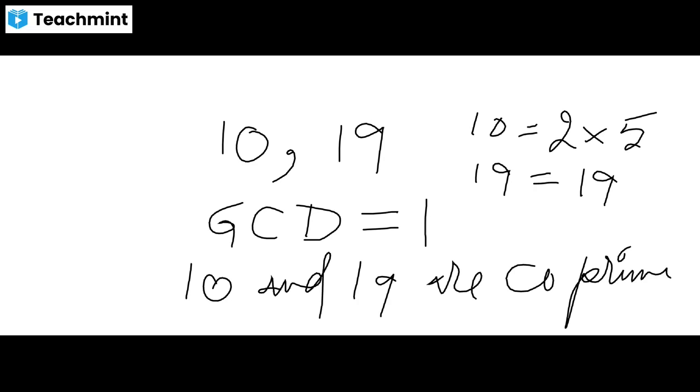How do you know? Why do we call 10 and 19 co-prime? Those pair of numbers, it can be even more than two numbers, but among them, if there is no common factor other than 1, that means when we find out their GCD, if it is 1, they are called co-prime. The example which we took before, 20 and 30, cannot be called co-prime because their GCD is not 1.